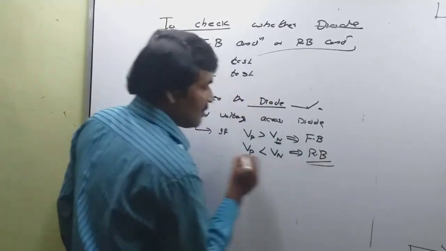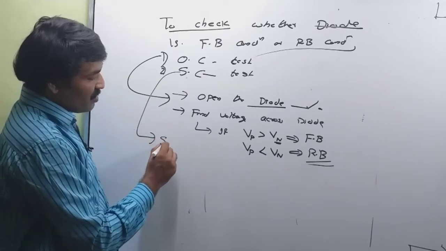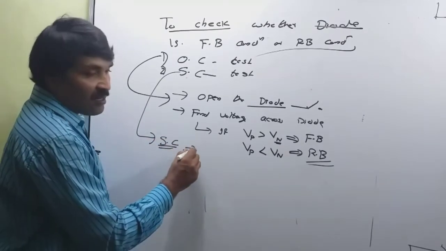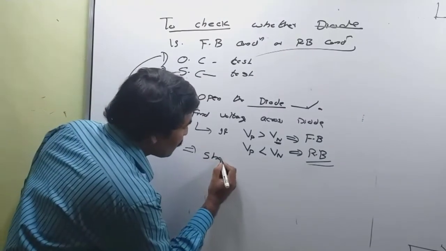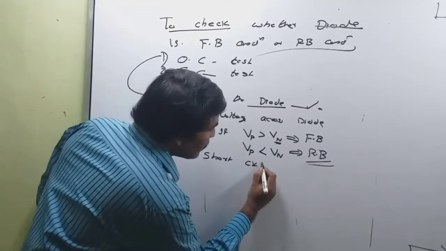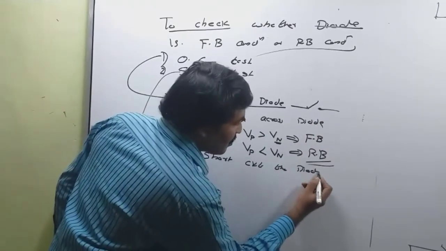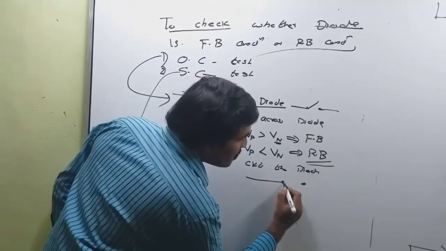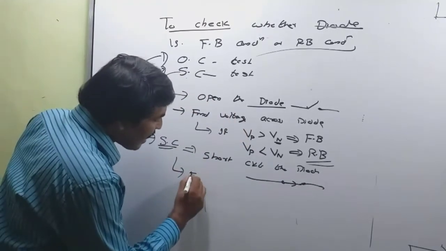Now, in the short circuit test, what do you have to do? We just short circuit the diode. So the diode is a closed switch. Now find the current I through the diode.